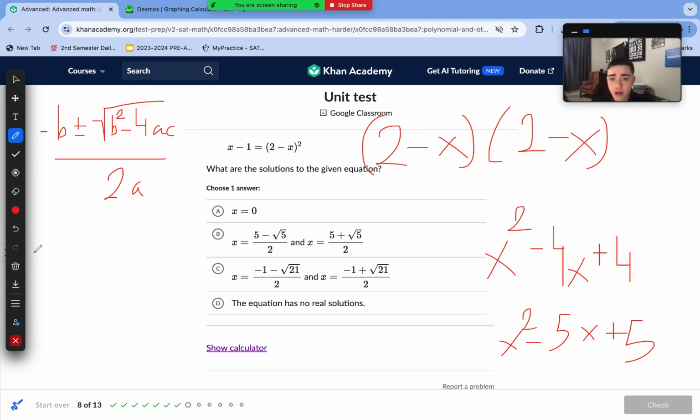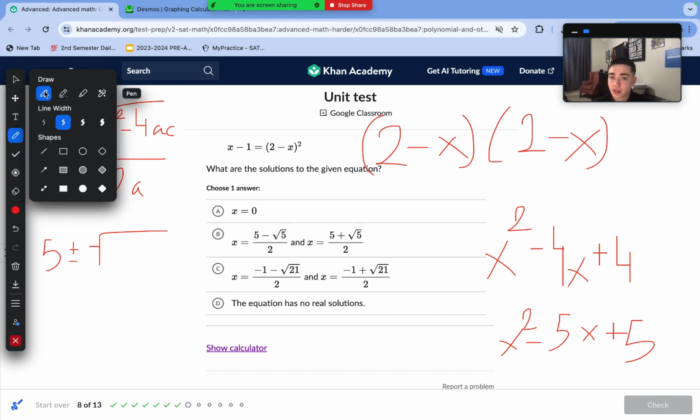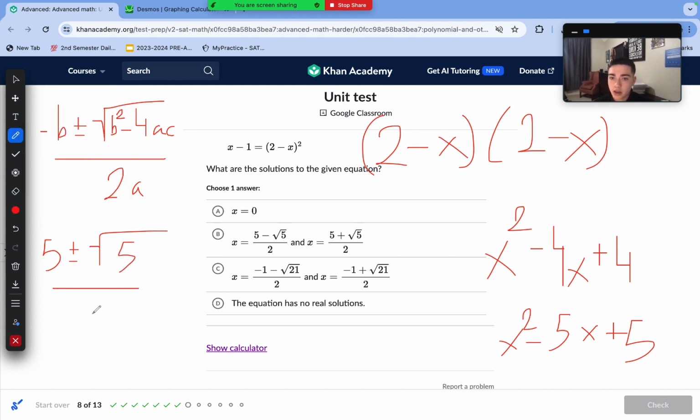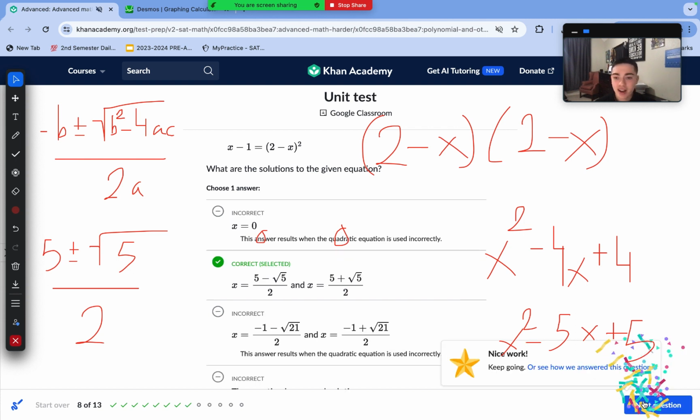So once we fill this in, we have 5 plus or minus the square root of 25 minus 4 times 5, which is minus 20. So we are left with 5 inside of that radical over 2. Then we can see here plus or minus. That means we can subtract the radical of 5 and we can add the radical of 5, meaning that answer choice B is correct for this scenario.